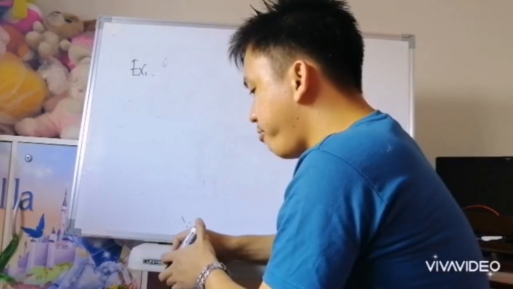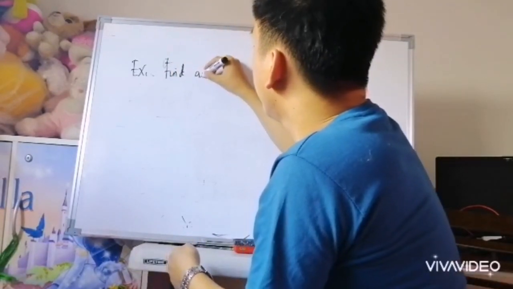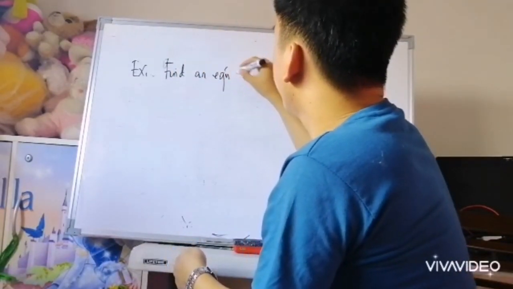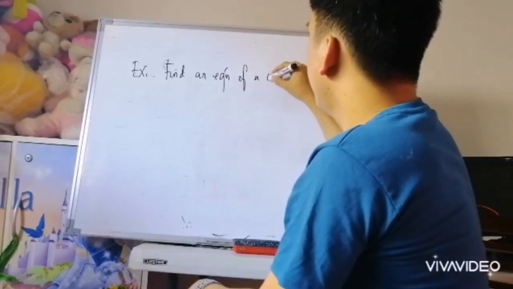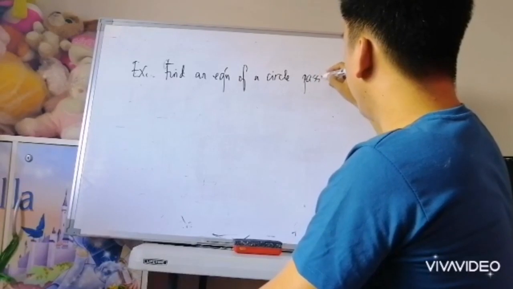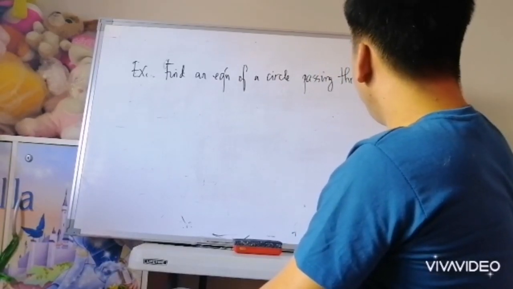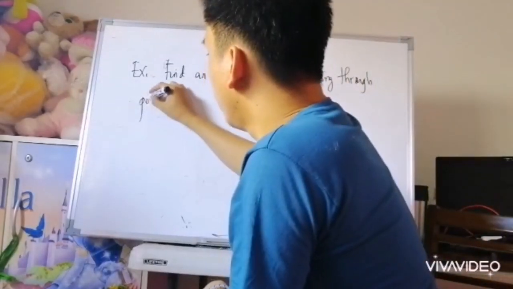Let's just say, find an equation of a circle passing through points.